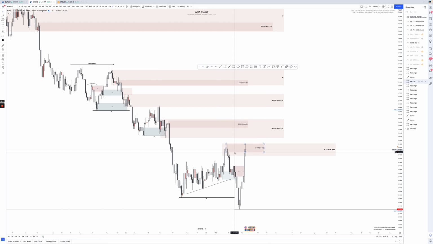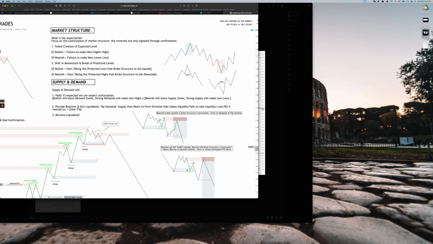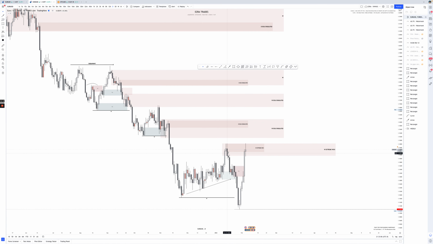Well, if we look back at my chart, what happens? When an area gives a reaction, does not sweep liquidity but breaks structure to the downside, we can expect this reaction to serve as structural inducement, structural liquidity, and be taken with the next valid level, the higher time frame extreme of the move, the one prior to that.